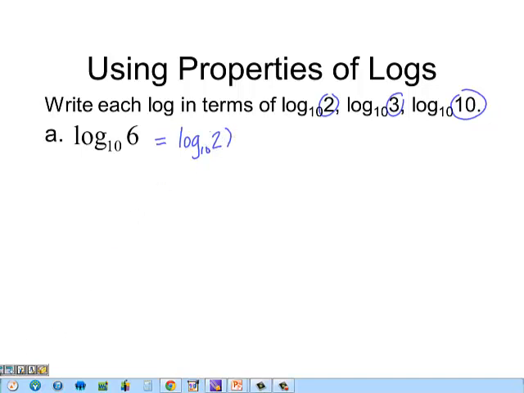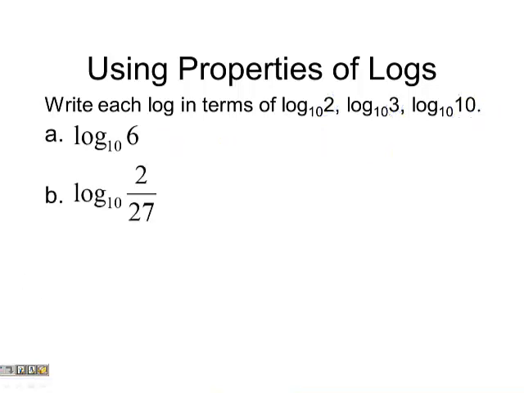That's not quite the way I wanted it. 2 times 3. So that's going to be log of 2 plus log of 3, like that. Okay.